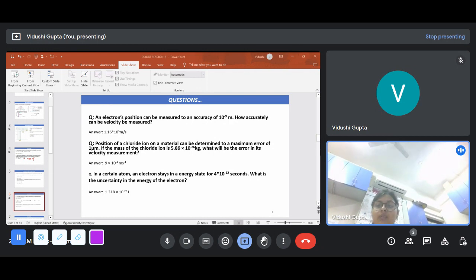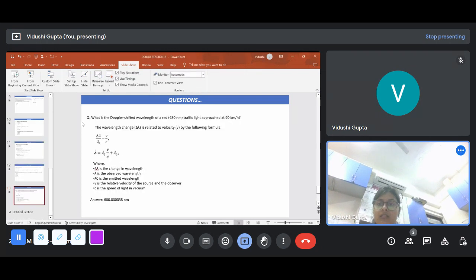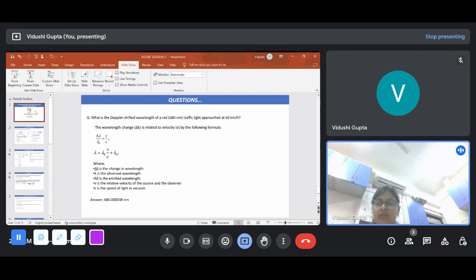So in this way you will calculate the Doppler shifted wavelength. So now what we have discussed from starting, we'll just revise it once.